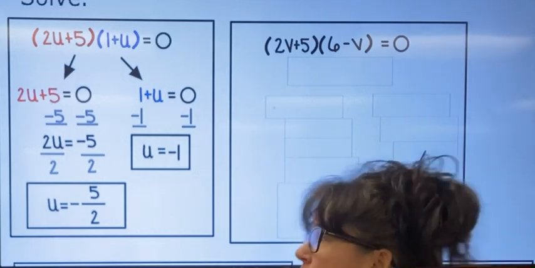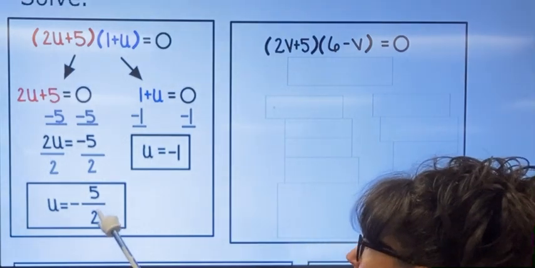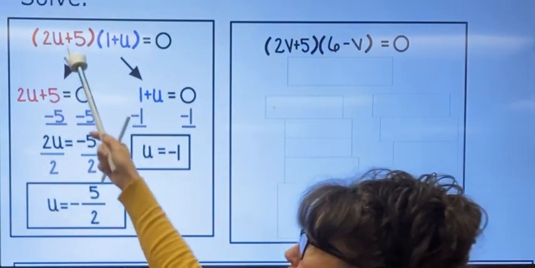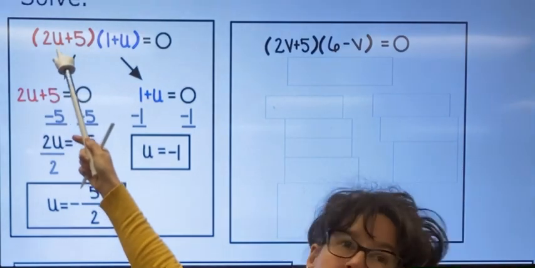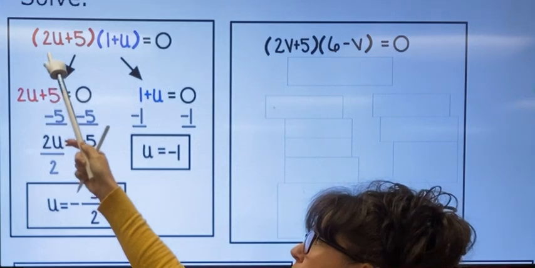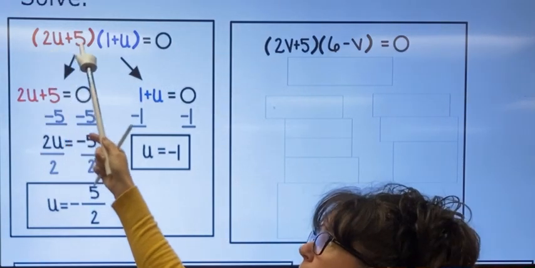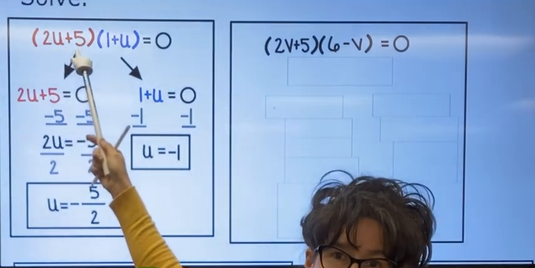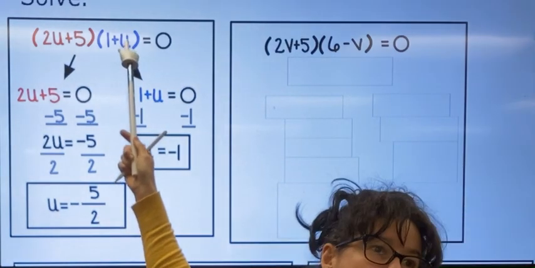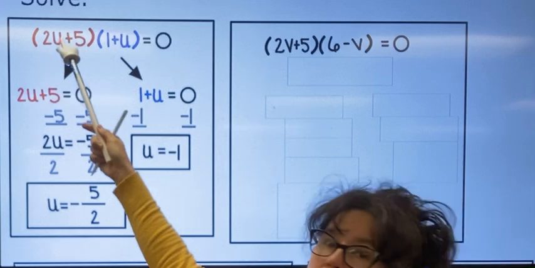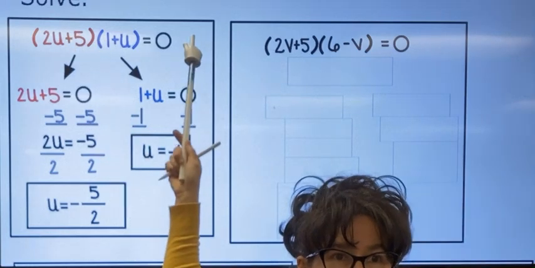But let's take a moment and think about what is it that we found? Like, why did this work? If I substitute -5/2 back into the red one, 2 multiplied by -5/2 is -5, and -5 plus 5 is 0. -5/2 substituted in here gives me 3.5, but 0 times 3.5 is 0.